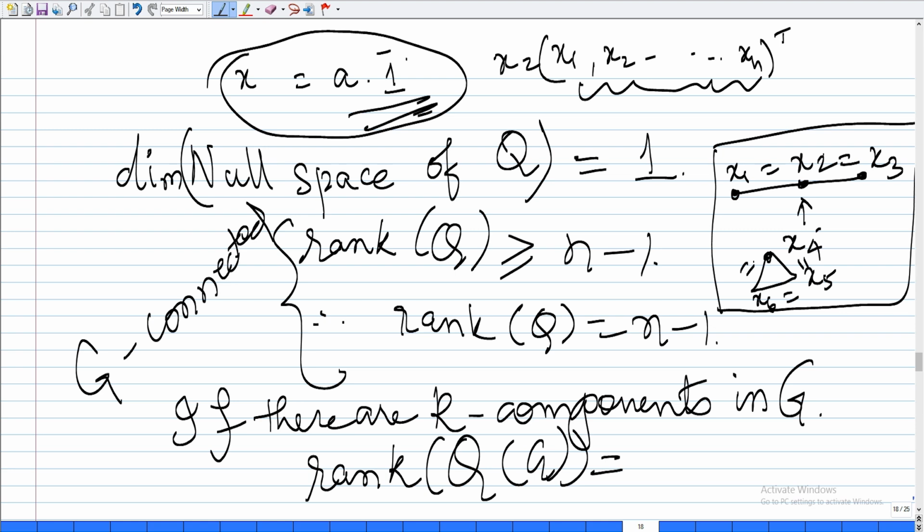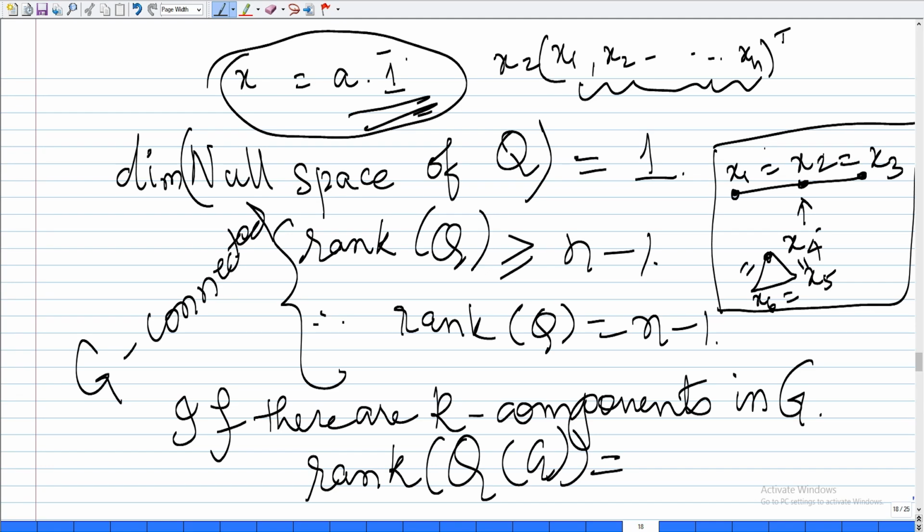If they are not adjacent, we can't say anything, right. If the graph is connected, by transitivity everything will become equal. If it is not, then what happens? For the connected components I can choose a value, and for the second component I can choose a different value, right. So, in our null space, 2 linearly independent vectors are possible, right.